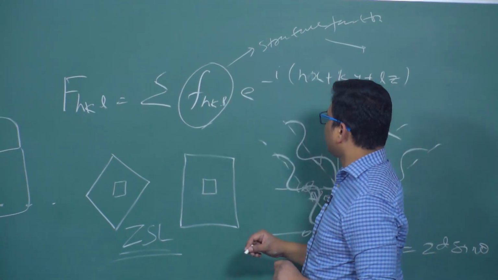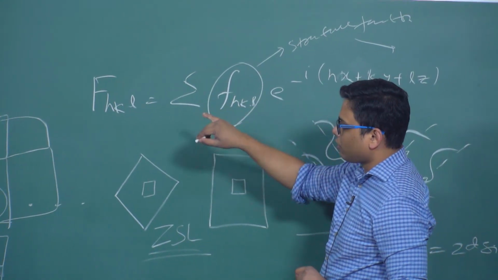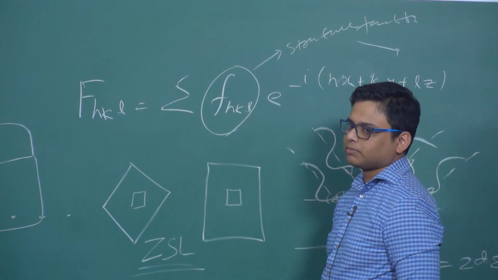Once you have the hkl indexes and this, you can calculate the intensity of that hkl for that atom.